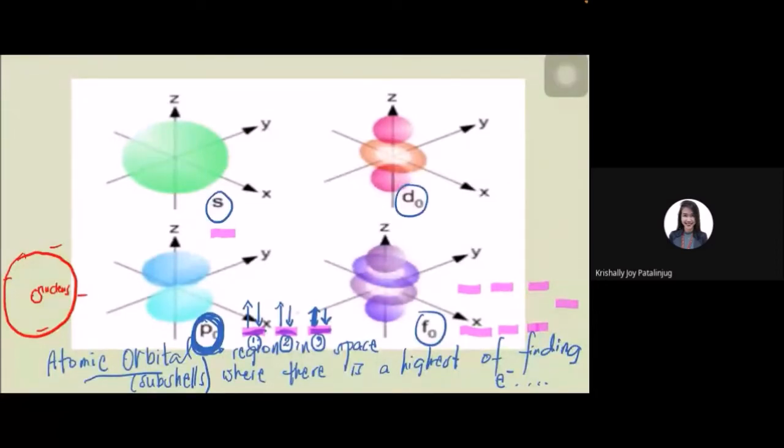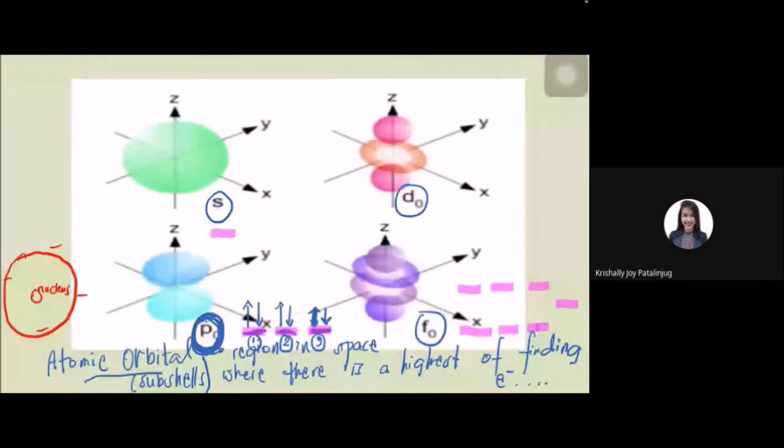So it is good that we have the concept of the quantum mechanical model. Who proposed the quantum mechanical model? This was introduced in the previous video material. Schrödinger was the one who proposed the quantum mechanical model.